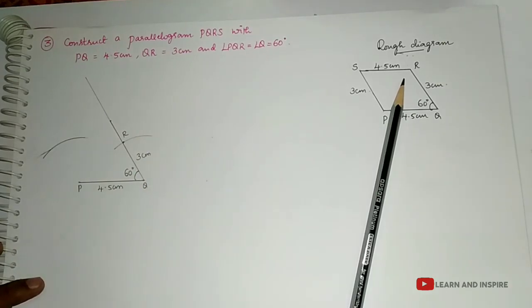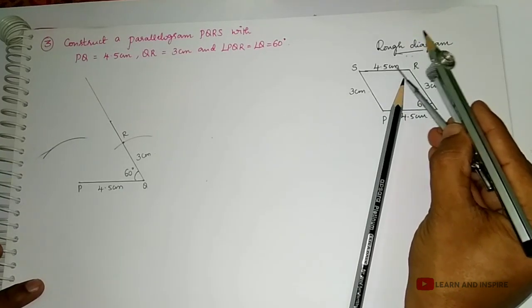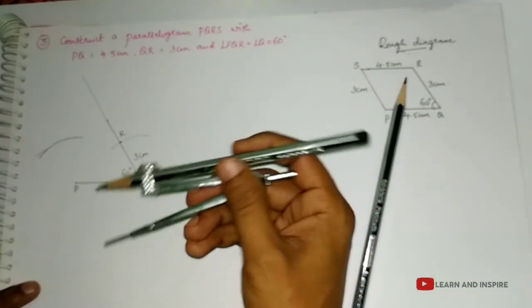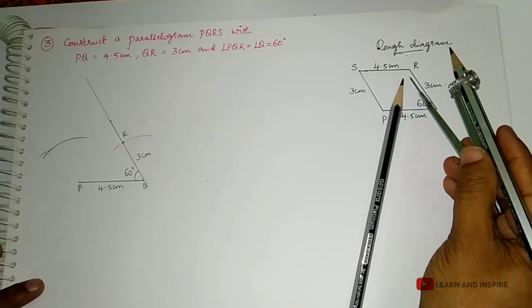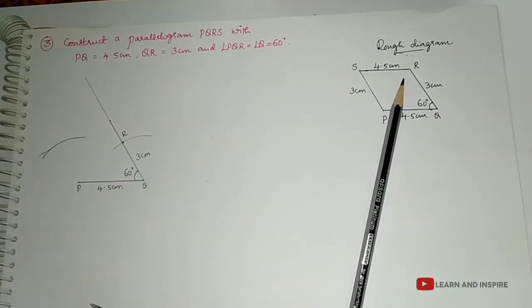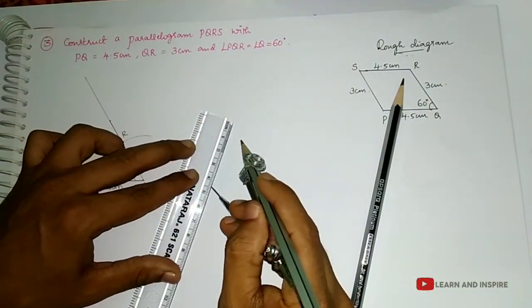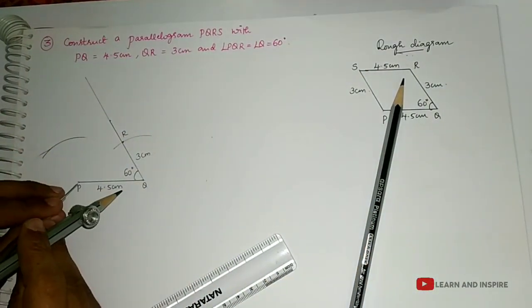Now with R as center of radius 4.5 centimeters, we can cut the previous arc. With the help of a compass, taking 4.5 centimeters, so this is 4.5, I take this one.